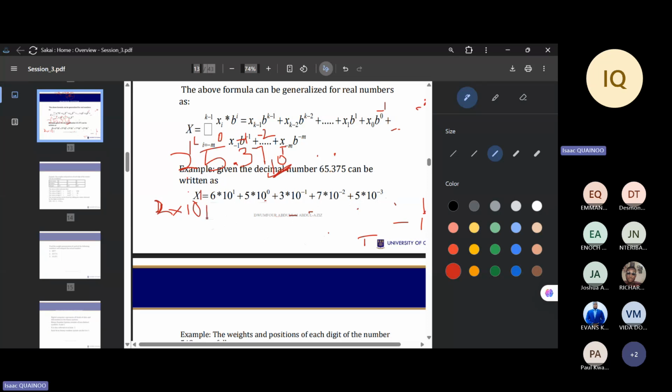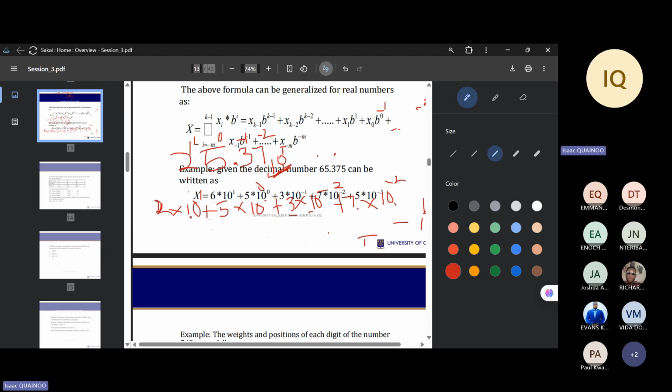Then you have 5 times 10 to the power 0, plus, we said we do not ignore the decimal point, so plus 3 times 10 raised to the power -1, and then plus 7 times 10 raised to the power -2.